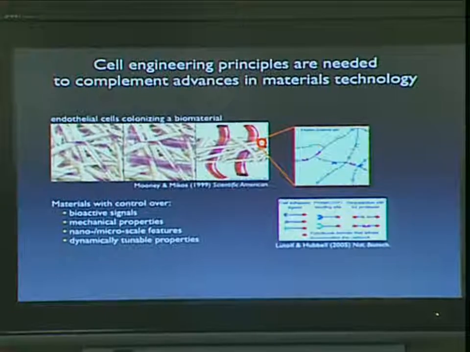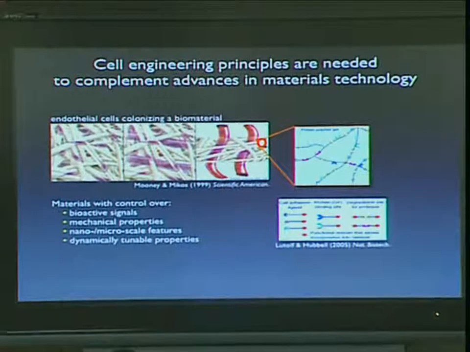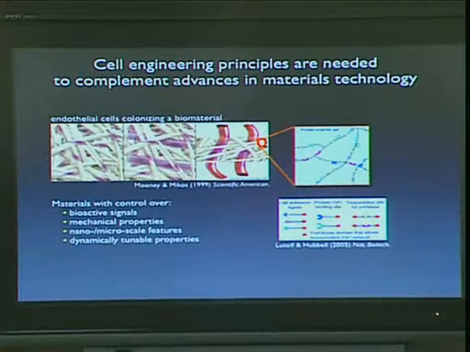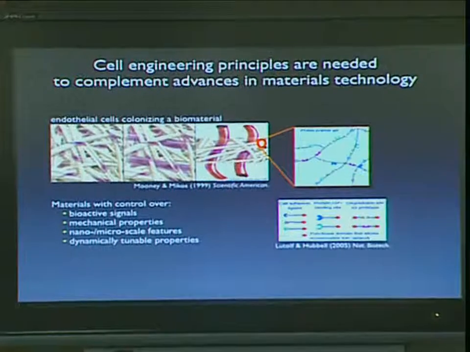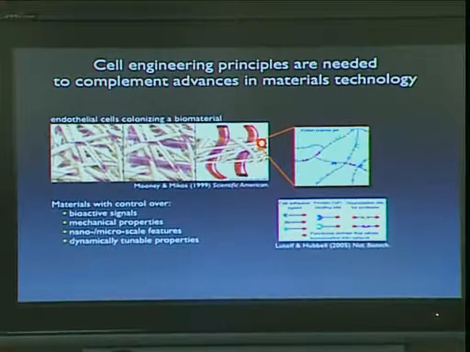Cells would interact with these materials, synthetic materials drawn here as these white fibrous material that can be derivatized with specific signals that cells recognize. Their mechanical and physical properties can be tuned for the local situation, the local tissue of interest. And oftentimes these parameters can be changed dynamically. So we have a remarkable level of control over how these polymeric scaffolds can be designed.